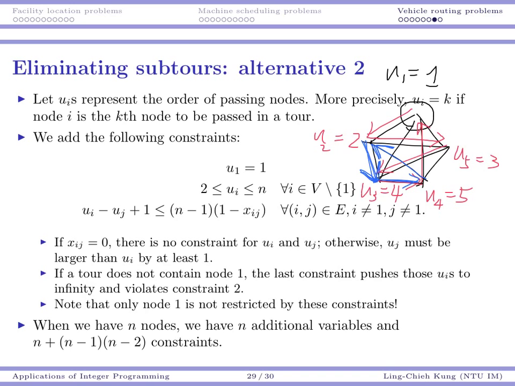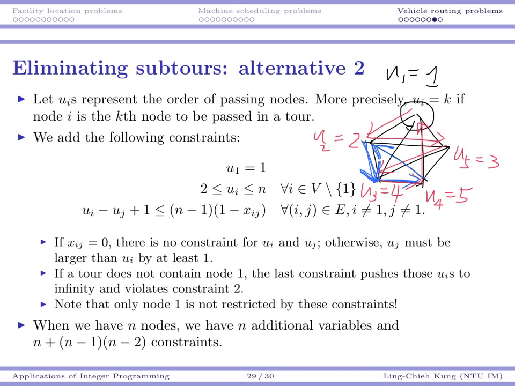In that case, if you look at this constraint, u3 must be greater than u2 by at least 1. u4 must be greater than u3 by at least 1. And then u2 must be greater than u4 by at least 1.